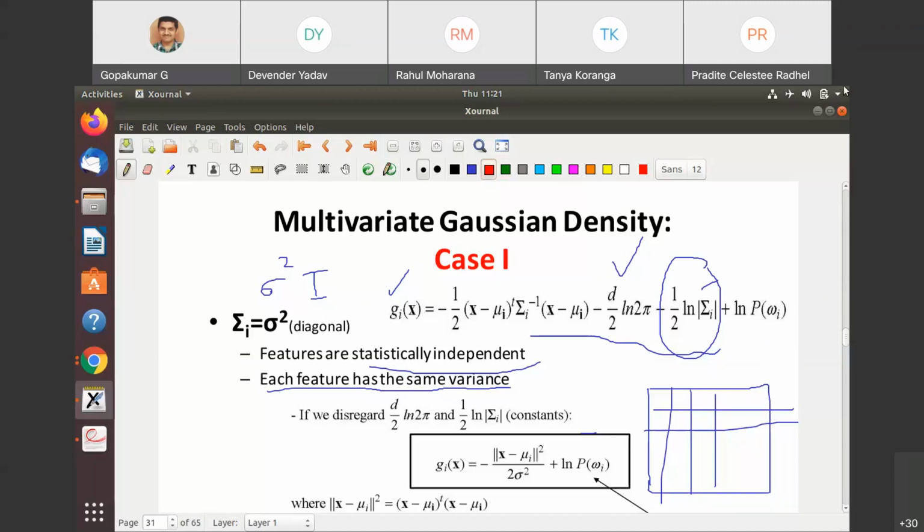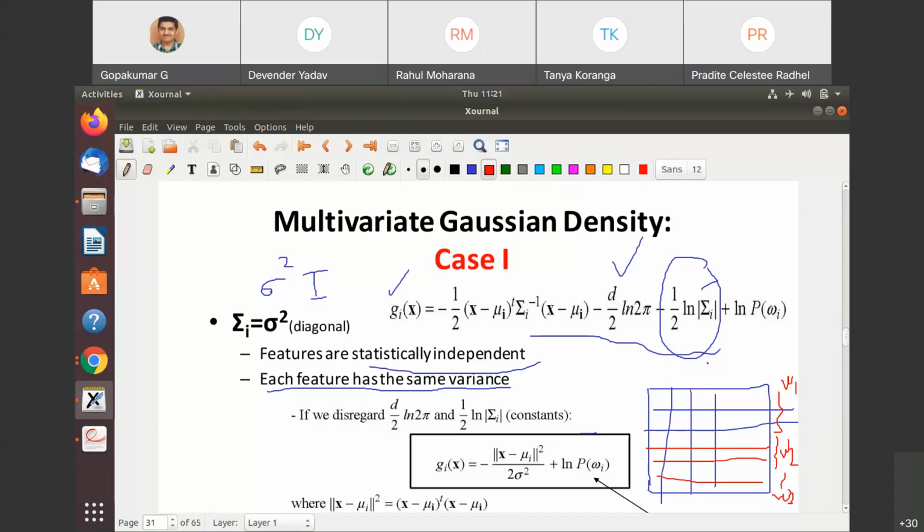So assume that we have different rows in a data set, where a few of these rows correspond to w1, another subset corresponds to w2, and another subset corresponds to w3, etc. That way we have g1 of x, g2 of x, and g3 of x.